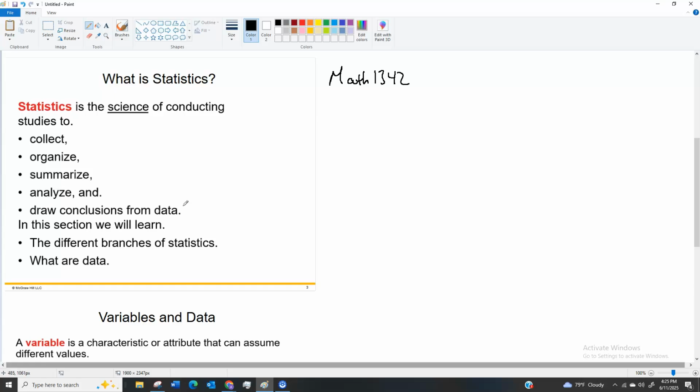In statistics, we conduct studies, or conduct research, you might say, to collect and then organize and then summarize, so kind of put it together, and then analyze and then draw conclusions from data. So we collect data, we do a study to collect this data, and then we organize it, summarize it, analyze it, and draw conclusions. And in this section, we're going to talk about the different branches of statistics and what are data.